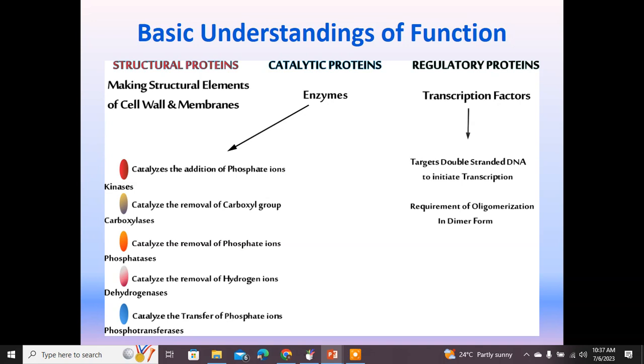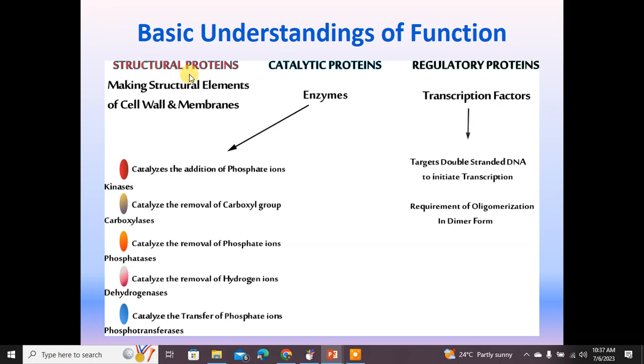I will teach you how in this slide. But first of all, you should know that proteins basically perform three kinds of functions in the cell or in an organism.